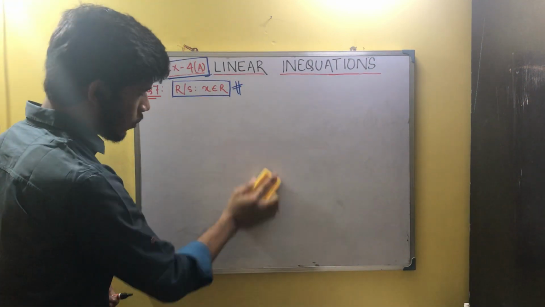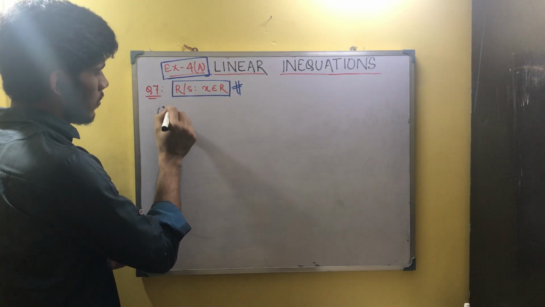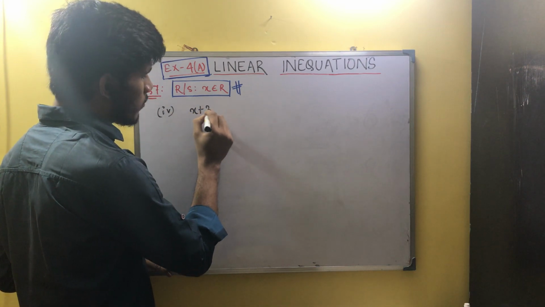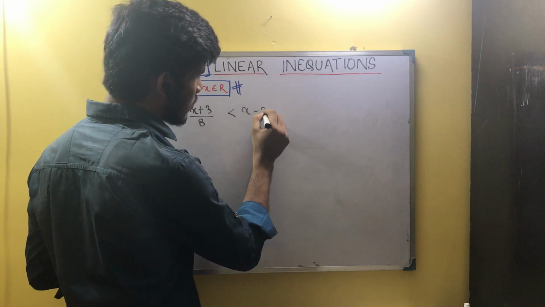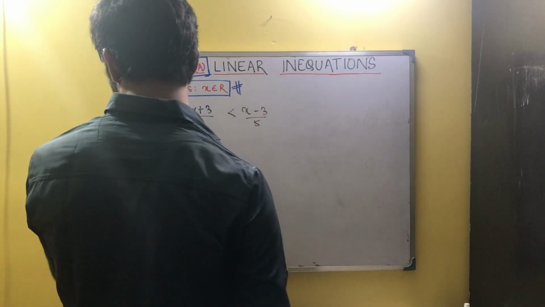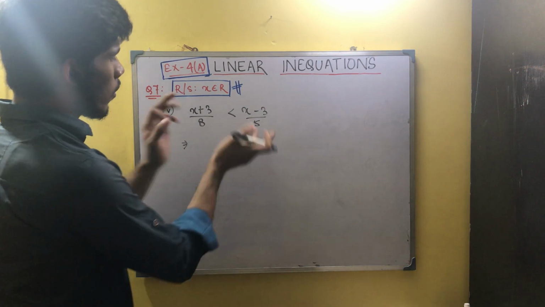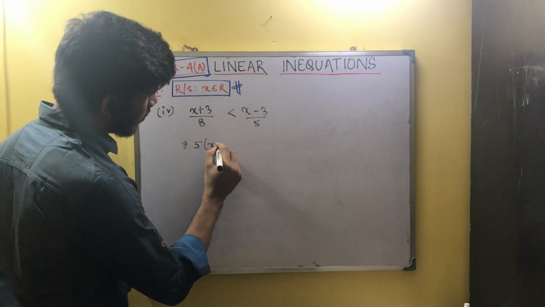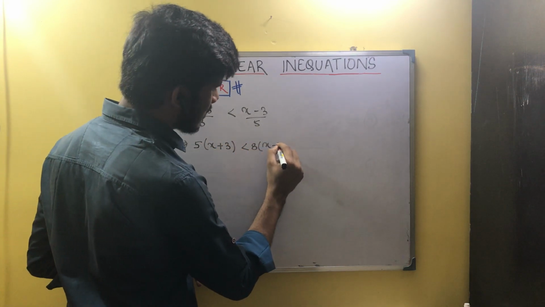Now let's move on to the fourth part. The fourth one is (x plus 3) upon 8 less than (x minus 3) upon 5. So if you solve it, what you will be getting is, first of all, let's cross multiply the terms. So you will be getting 5 times (x plus 3) less than 8 times (x minus 3).